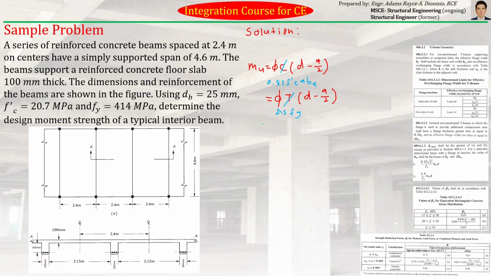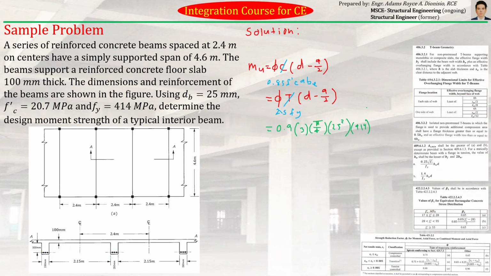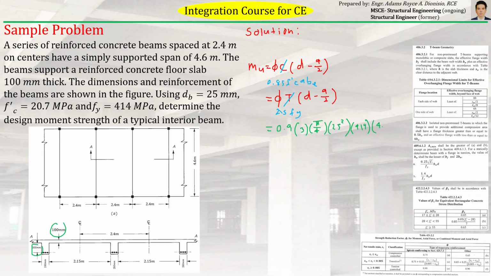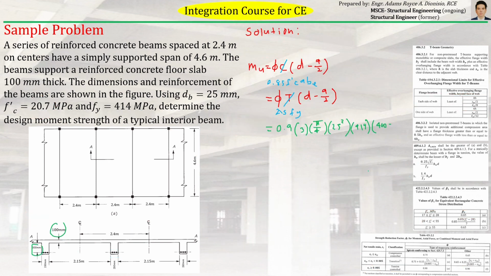I'll just use AsFy. So, moment capacity is just equal to As, or yung phi, which is 0.9, times yung As, which is 3, times pi over 4, times diameter squared, times Fy na 414, times D na, take note, yung D natin ay 300 plus 100 or 400. 400 minus A, which is, ito, 24.75, 24.75 divided by 2.